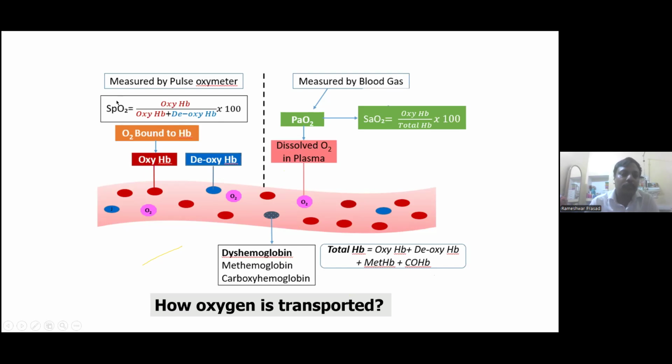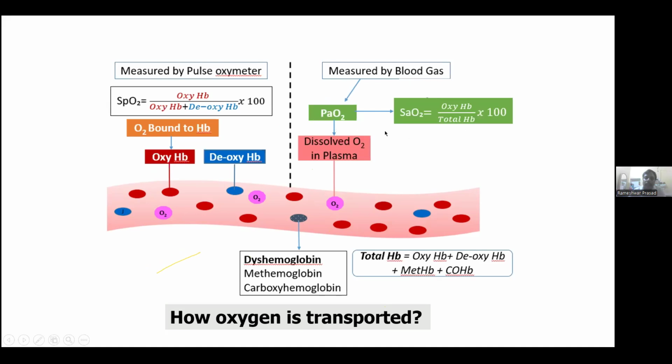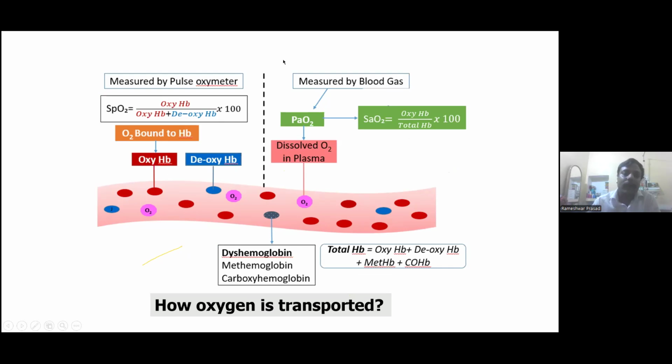Therefore, your SpO2 will be normal. However, SaO2, which you measure in pulse co-oximetry, will be lower, and PaO2 will also be lower because PaO2 is directly proportional to SaO2. So it will be detected by this. So you must remember what is being monitored by pulse oximeter, and what you are measuring in your blood gas.